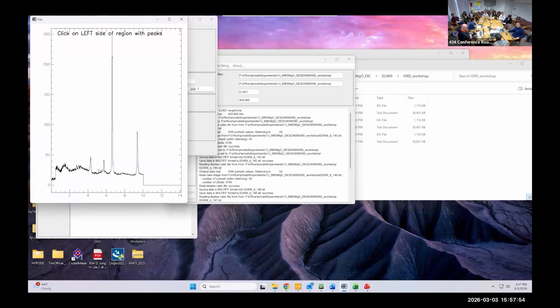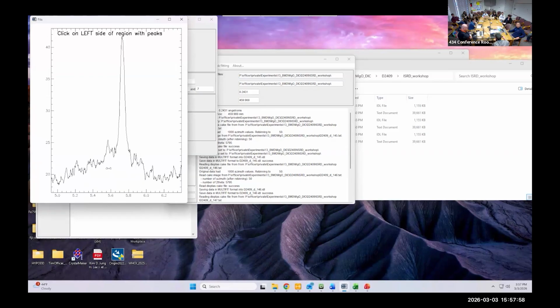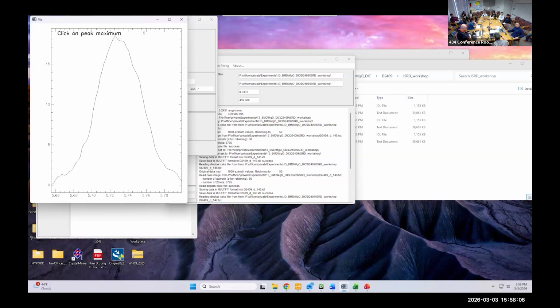So you click on the left and right side of it, and then we do it again. And then we can fit. It says here the maximum, left or right side. Do they mean like a half width or at the bottom?